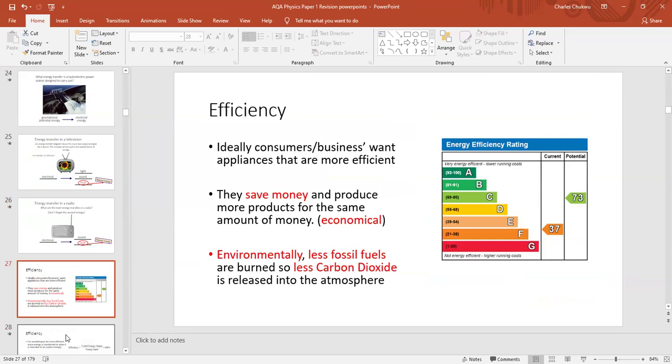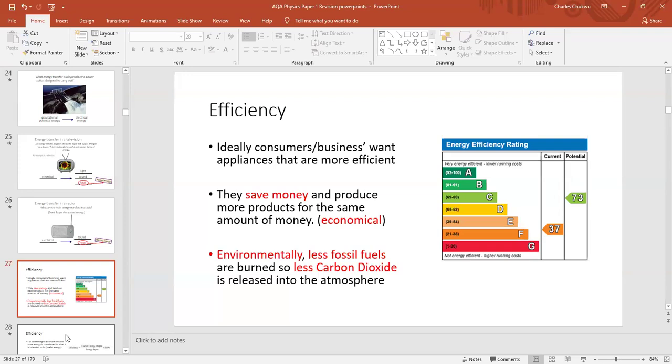Okay, so in all the devices and all the energy conversions we have seen so far, the efficiency of those processes is to ensure that the heat that comes out is the lowest it can be. So that's where efficiency comes in. Ideally, because consumers or businesses want appliances that are more efficient, whether it's in terms of consuming the fuel or in terms of heat loss.